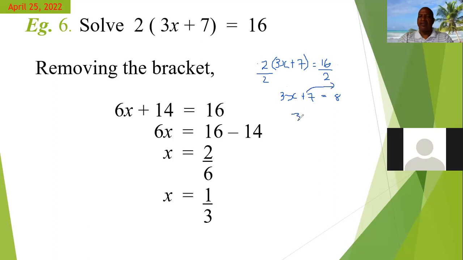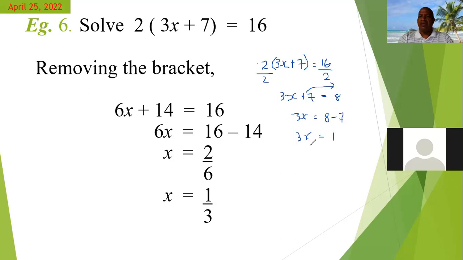And so we will get 3x equal to 8 minus 7. And so that would leave us with 1 on the right-hand side.